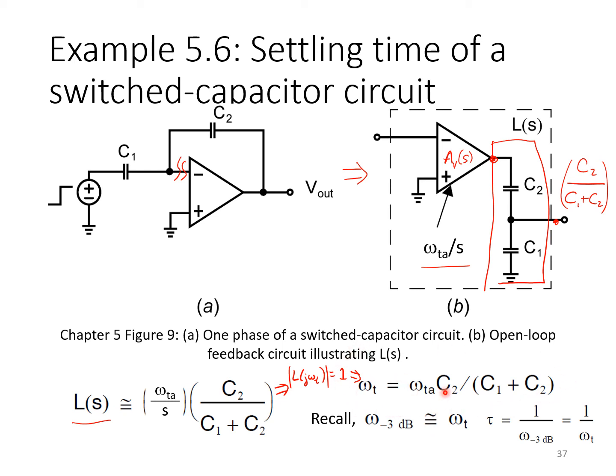Omega t is just equal to the amplifier's unity gain frequency omega ta times the feedback factor beta. And this in turn is also the expression for the 3 dB bandwidth of a closed loop amplifier, and therefore the settling time here is just 1 over this expression.